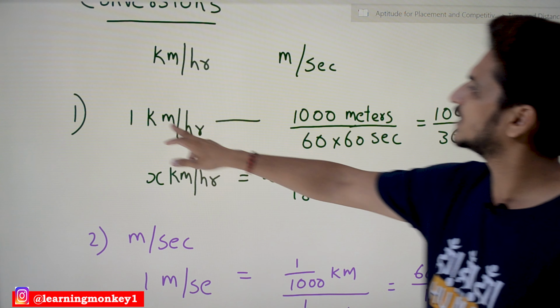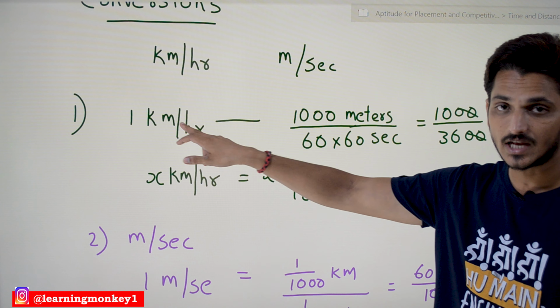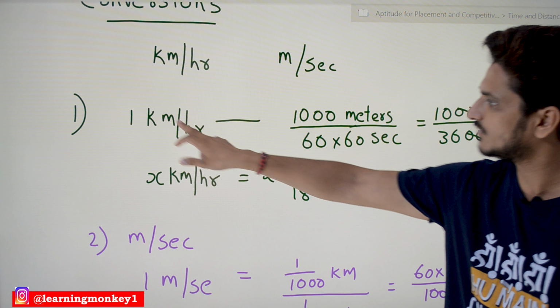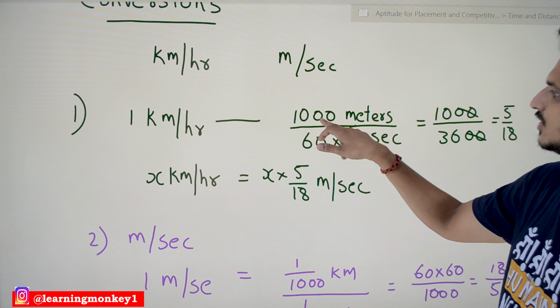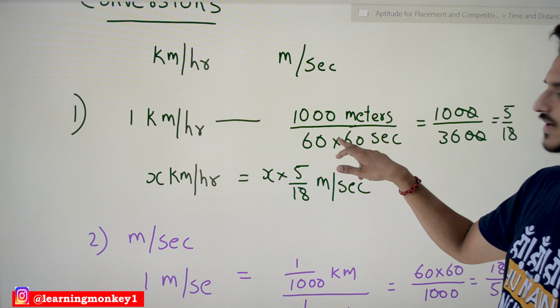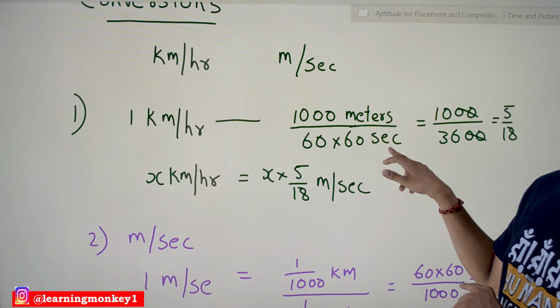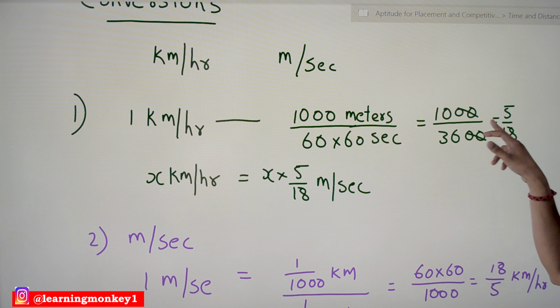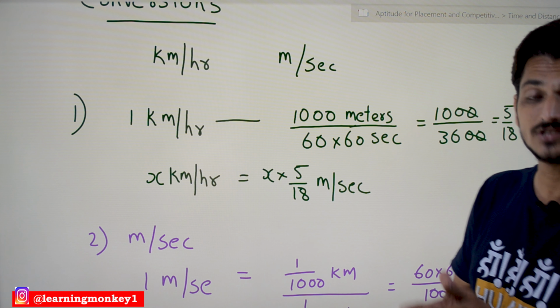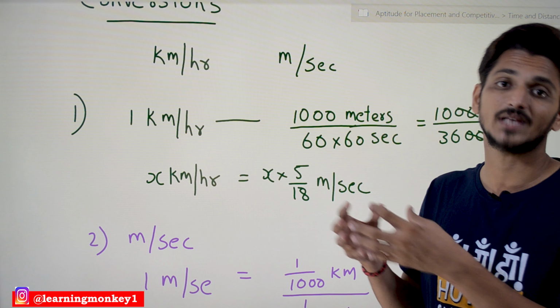So 1 kilometer per hour can be mentioned in meters per second. 1 kilometer means 1000 meters, divided by 1 hour, which means 60 multiplied by 60 seconds. So 1000 by 3600, cancel, 10 by 36, that is 5 by 18. So 1 kilometer per hour is given as 5 by 18 meters per second.